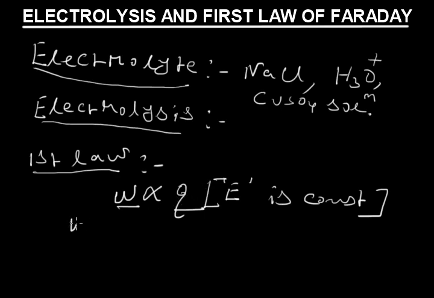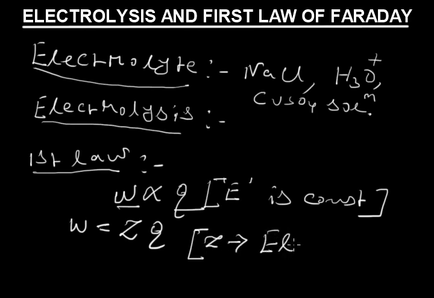Now W equals some constant Z into Q. This Z is called the electrochemical equivalent weight.